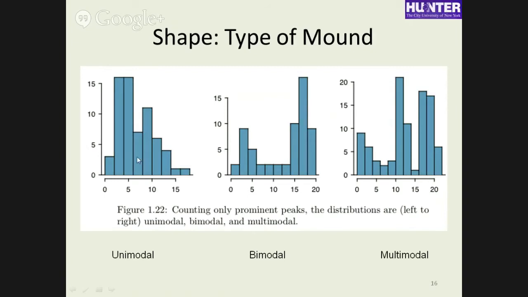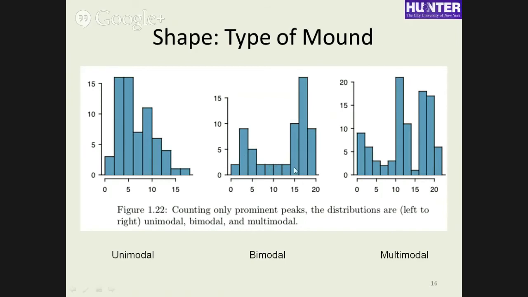And it's definitely unimodal. It doesn't mean it's perfect, there's only one hill. You might think of this as an extra little mound, but that's not really enough data to call something bimodal. This, on the other hand, we have two distinct modes with a fairly large island between them.